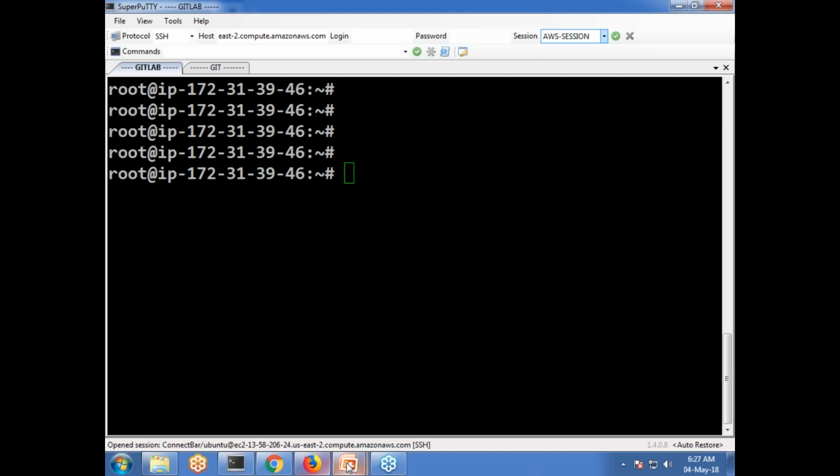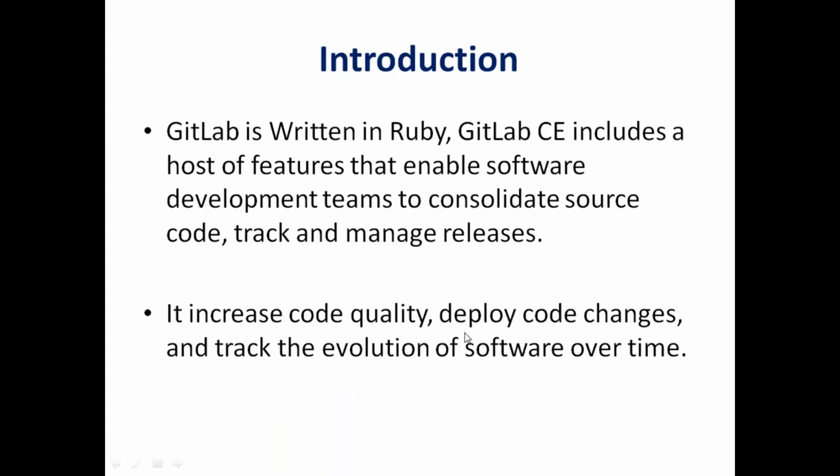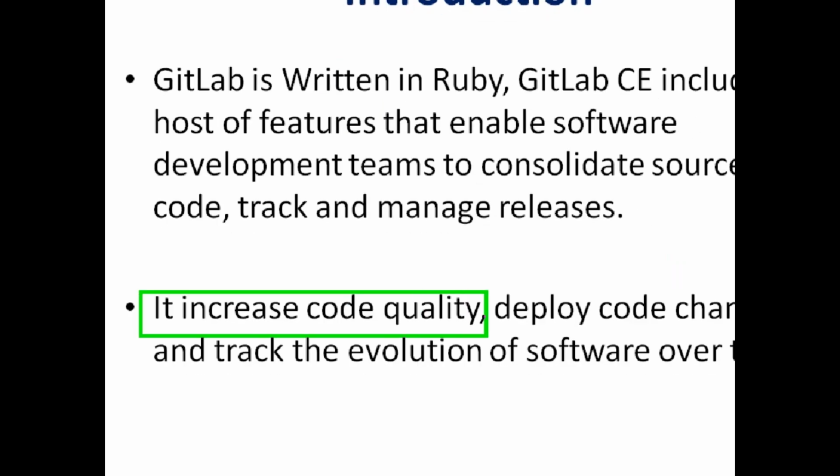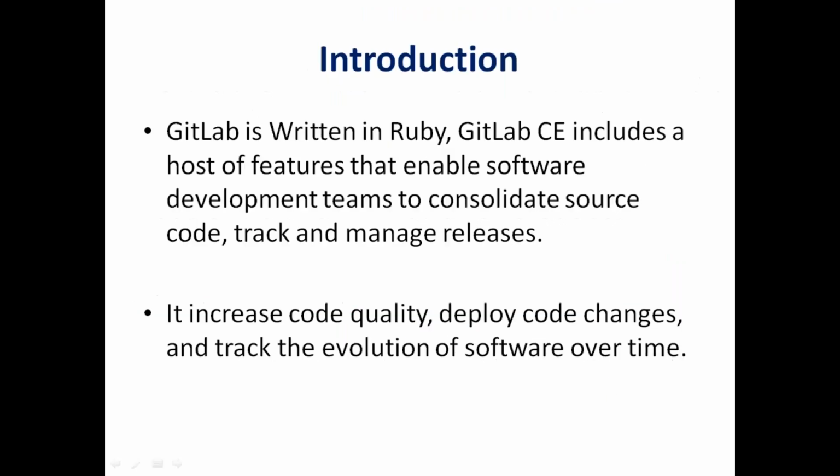What we said here: GitLab was written in Ruby, and GitLab CE includes a host of features that enable software development teams to consolidate the source code, track and manage releases. It increases code quality, deploys code changes, and tracks the evolution of the software over time.